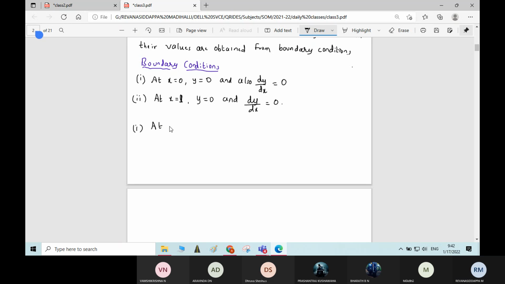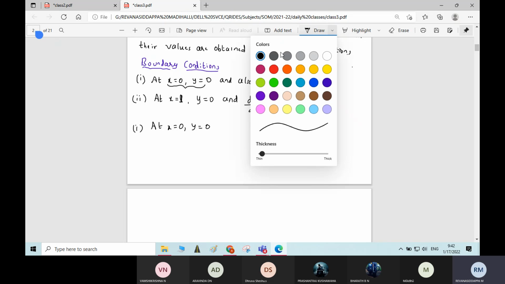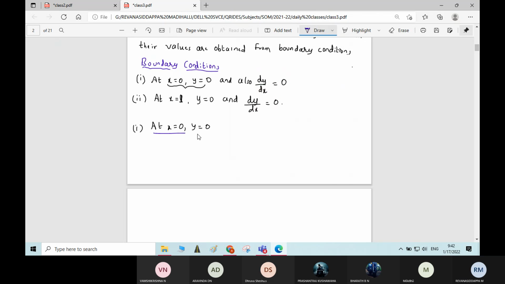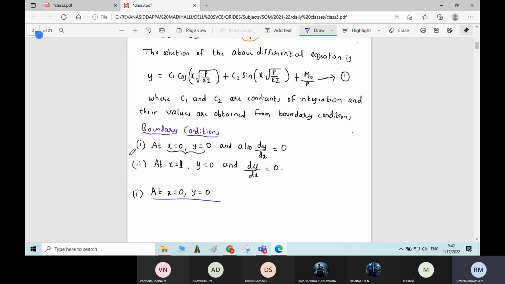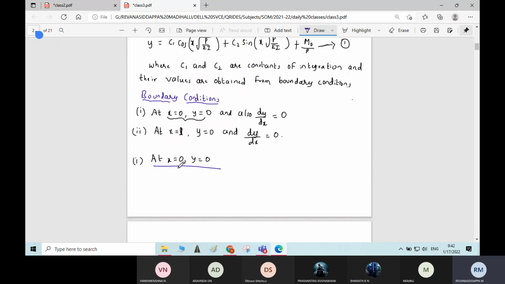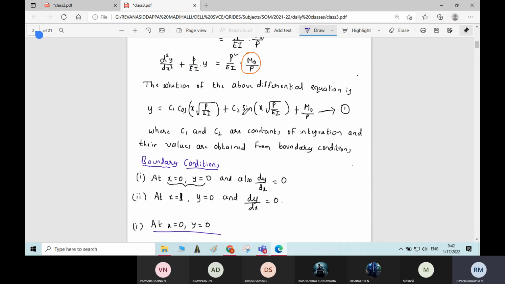At x equal to 0, y equal to 0. I'll take this first part of the first condition: at x equal to 0, y is equal to 0. Now we have the equation for y. Substitute x equal to 0 and y equal to 0 in this particular equation 1.